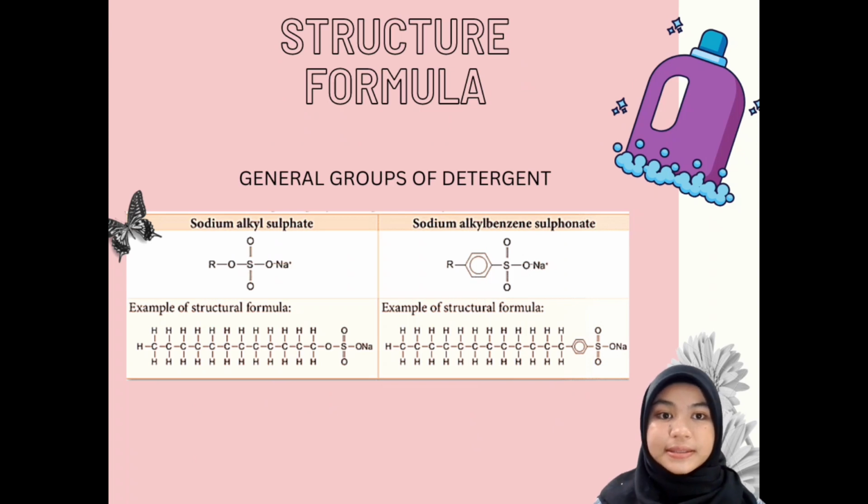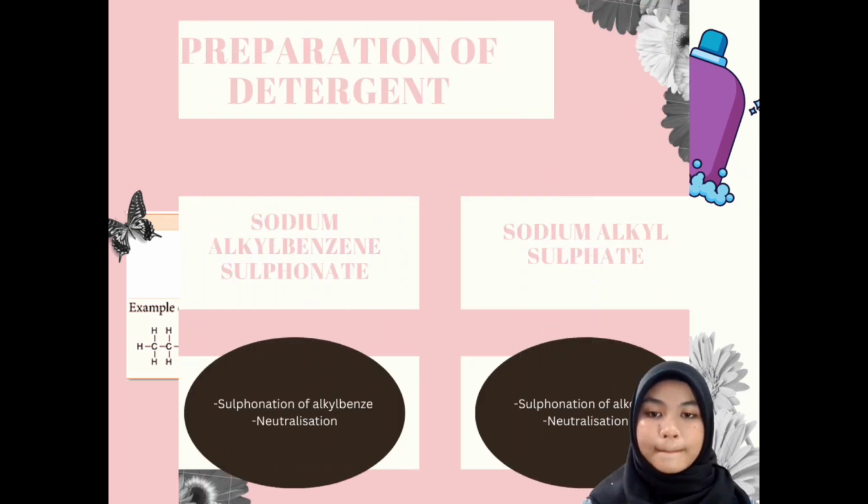As you can see in this table, these are the general groups to form detergent, which are sodium alkyl sulfate and sodium alkylbenzyl sulfonate. The table also shows an example of the structure formula for sodium alkyl sulfate and sodium alkylbenzyl sulfonate.